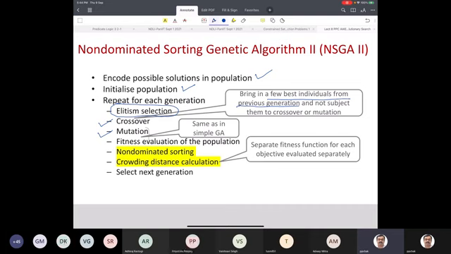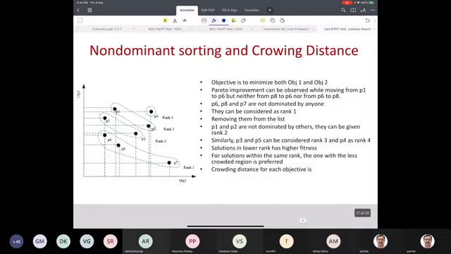To do this ranking with this fitness function, you use the method I just described of non-dominated sorting and crowd distance calculation. Then you prepare the next generation.